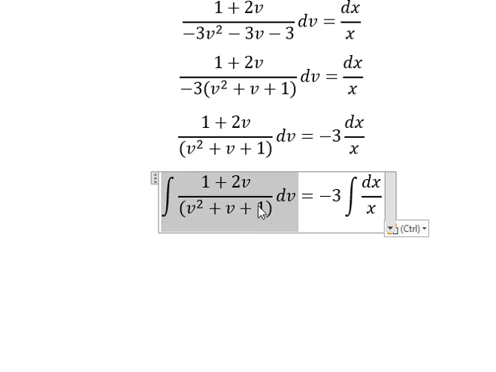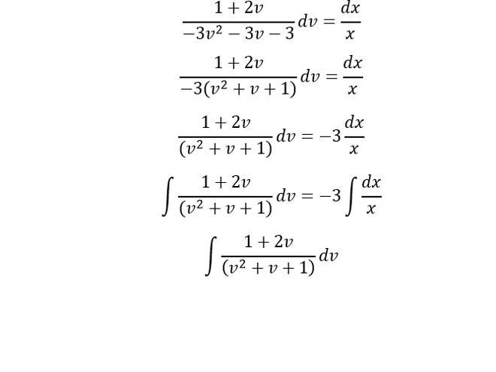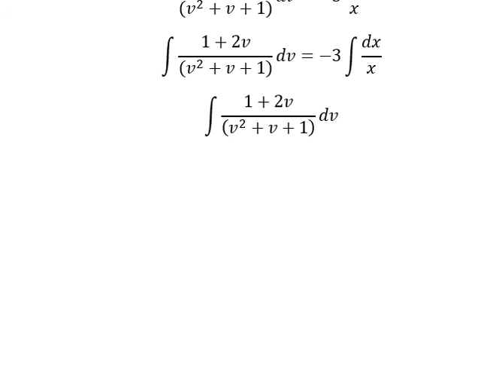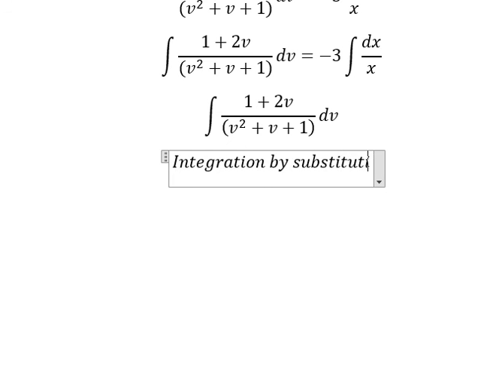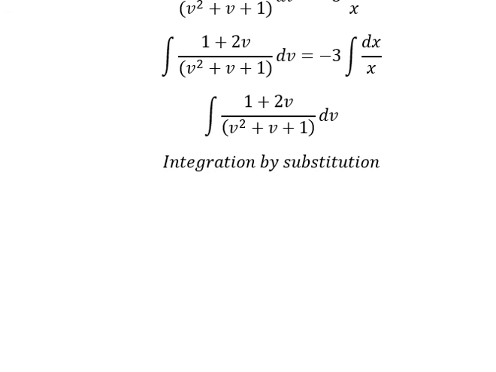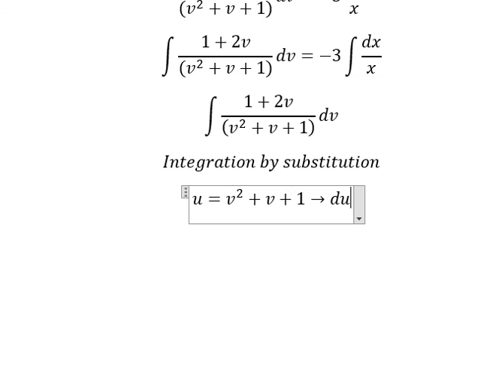Now, I will concentrate on this one. So I will use integration by substitution. So I will put u equals to this one. Next, I will do the first derivative for both sides.